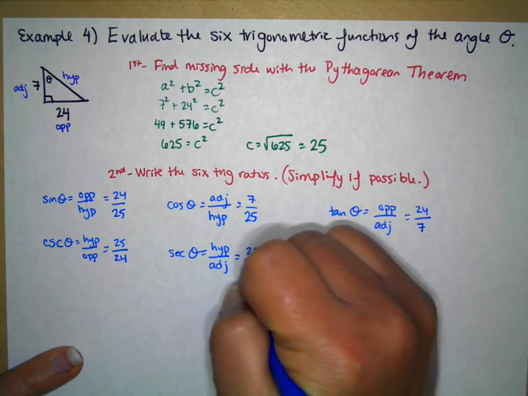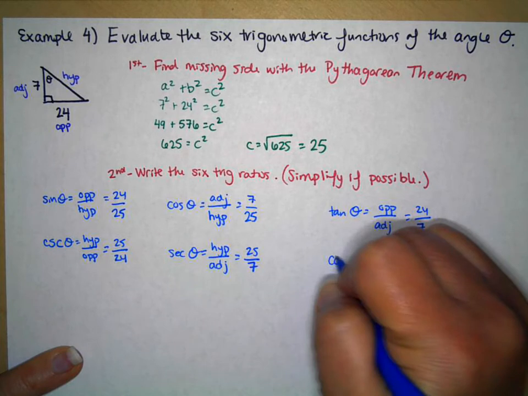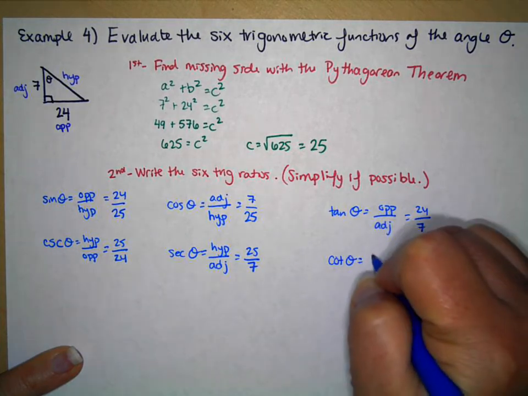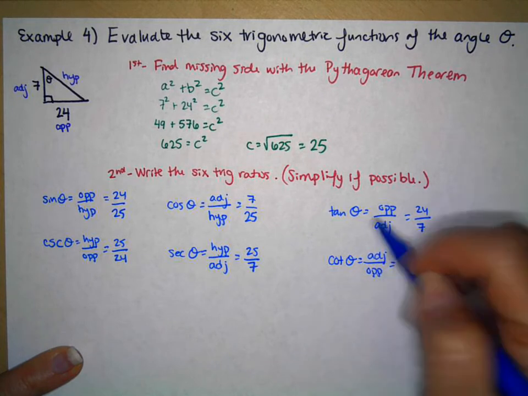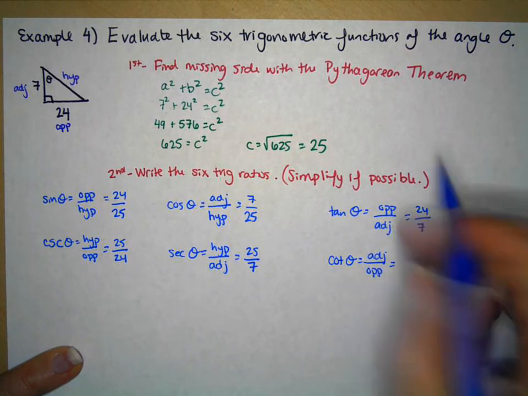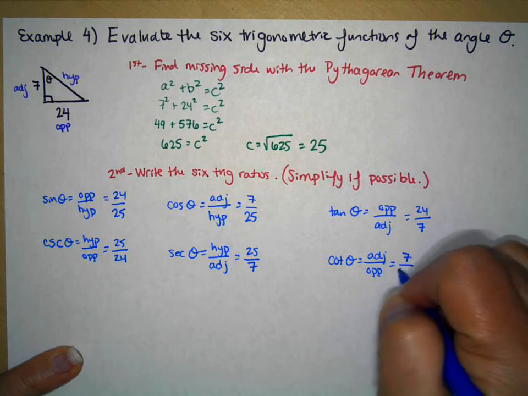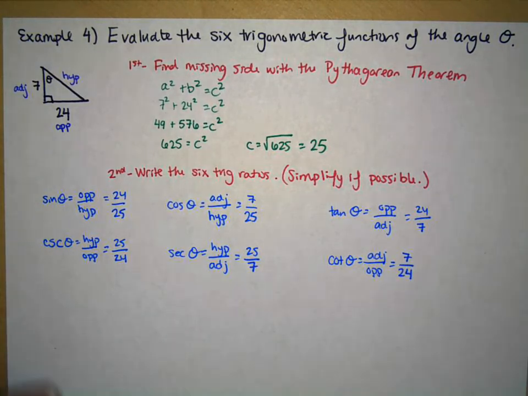Get 25 over 7. Cotangent theta is adjacent over opposite, or the reciprocal of tangent. So when I flip that one over, I get 7 over 24. And now we have our 6 trig ratios. And that's all we have to do for that problem. Again, nothing that we're going to be able to do to simplify those fractions in that particular case.